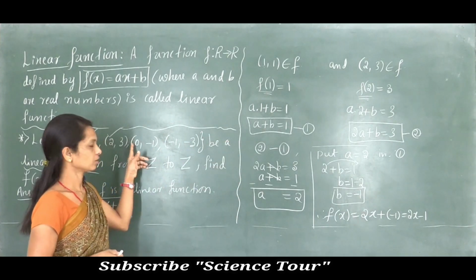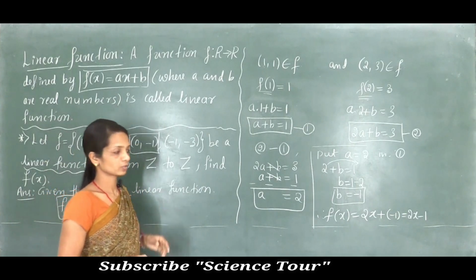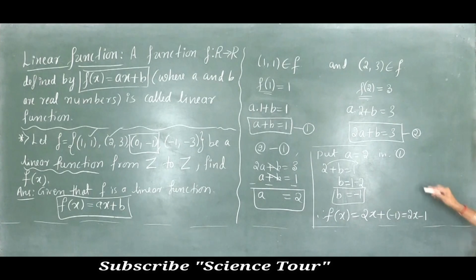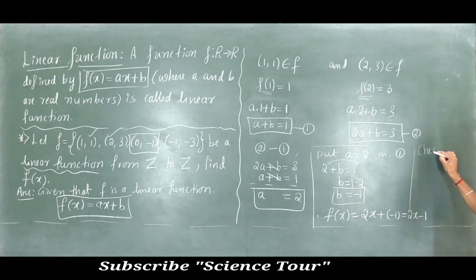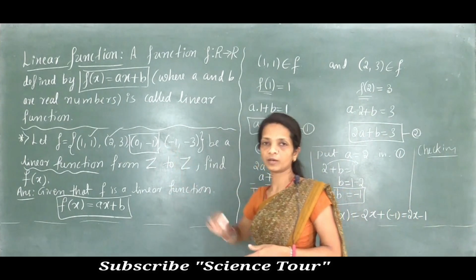Okay, I'll take this one, 0, minus 1 ordered pair, to check whether this answer is correct or not. Okay, so this is the checking part. Actually no need to write, just for checking purpose. Which one we take as a checking ordered pair? 0, minus 1.